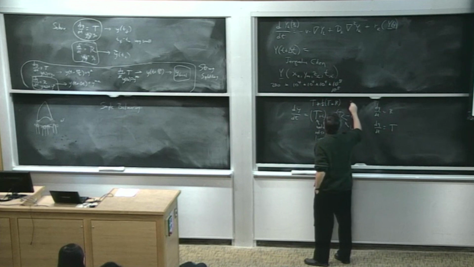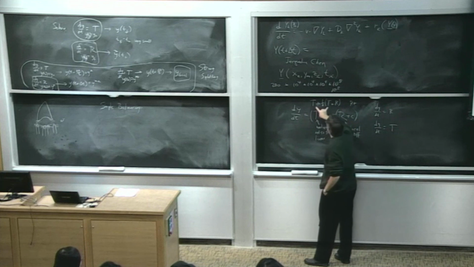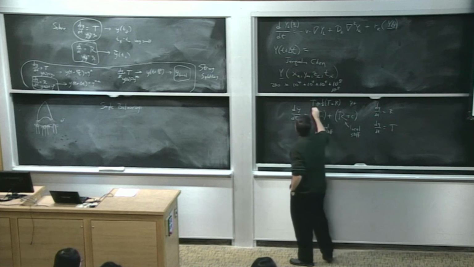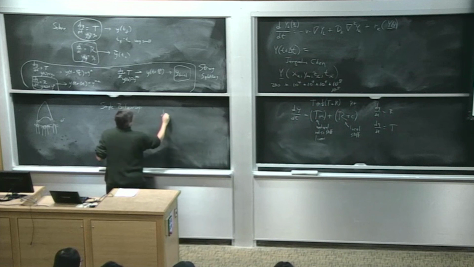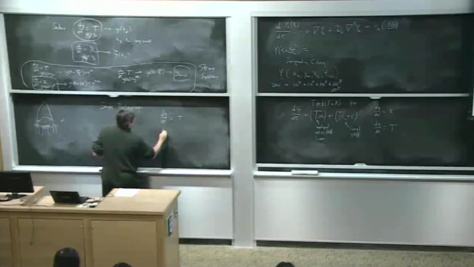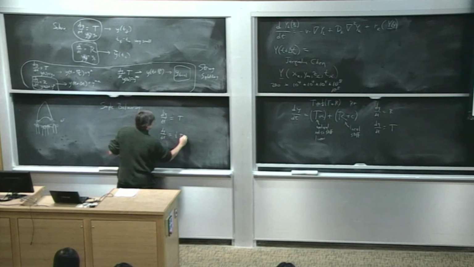And probably there's a minus sign here. Something like that. So I'm getting rid of half of my transport, and I'm adding in half of this. So I've changed. Before I had dy dt is equal to t, but now I have dy dt is equal to a half of t.